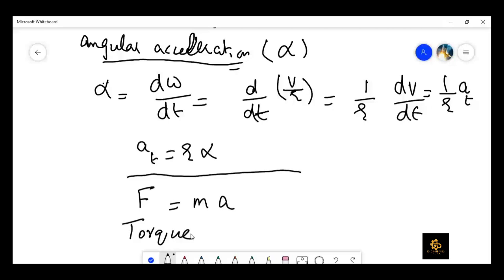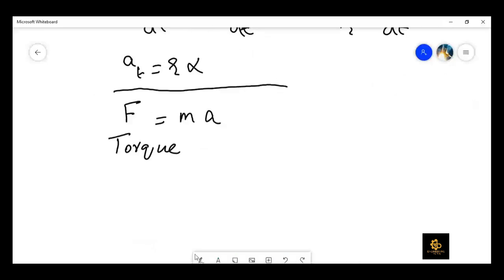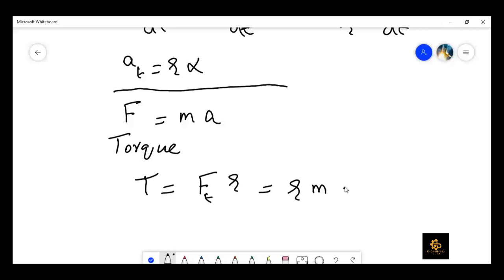If we want to calculate torque, we know that it can be calculated by the multiplication of force into moment arm, and here we can put tangential force. So for tangential force, we can put R into M into AT, where AT is equal to R into alpha, and alpha is the angular acceleration.